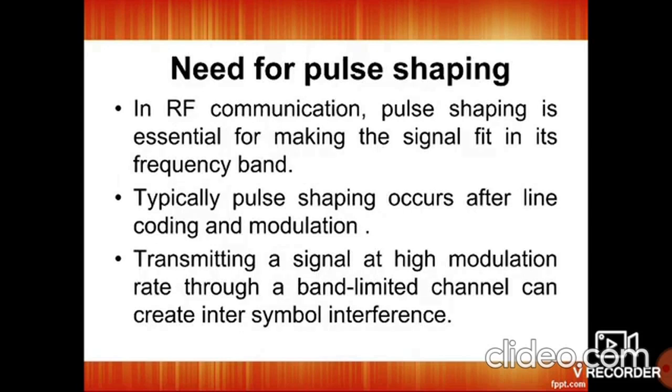We have to know the need of pulse shaping. In radio frequency communication systems, shaping of pulses is essential. It is needed to make the signal fit in its frequency band, or else because of its shape, the pulse can occupy the space of the adjacent pulses, so it should be in the space which is fit for that particular pulse.